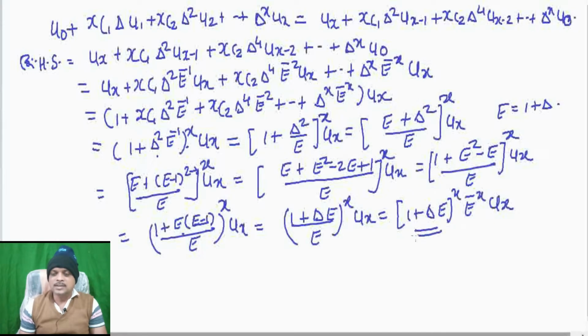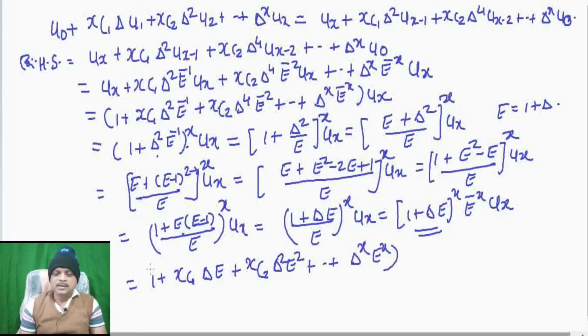Now let us take the expansion of this: 1 plus xc1 delta into e plus xc2 delta square into e square plus delta raised to x into e raised to x, and this is operating on e raised to minus x, and x minus x will be 0.